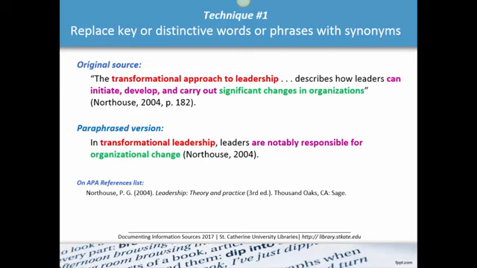I changed can initiate, develop, and carry out to are notably responsible for. And I changed significant changes in organizations to organizational change. Note that the basic meaning of the paraphrase version is essentially the same as the original, and I substituted key phrases for synonyms. Note also that the paraphrase version is somewhat shorter and more concise than the original.